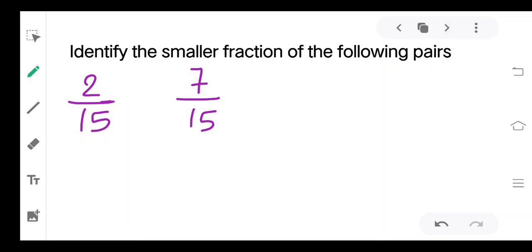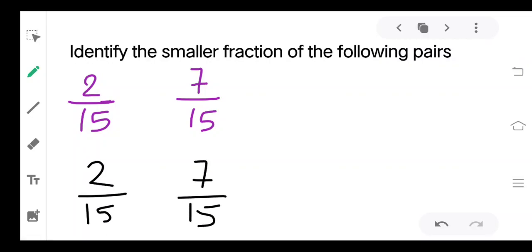As we already learned in our definitions, in 2 upon 15 and 7 upon 15, when the denominators of two or more fractions are the same, which numerator is less? 2.